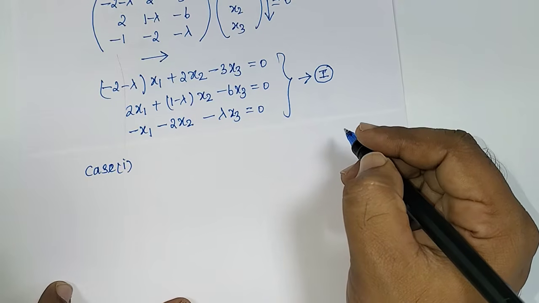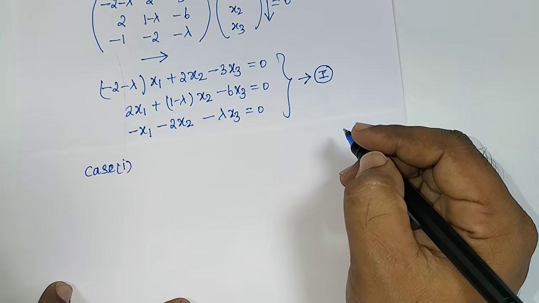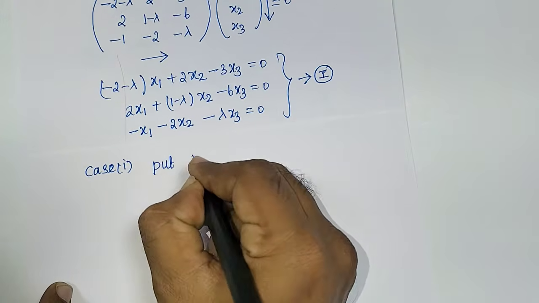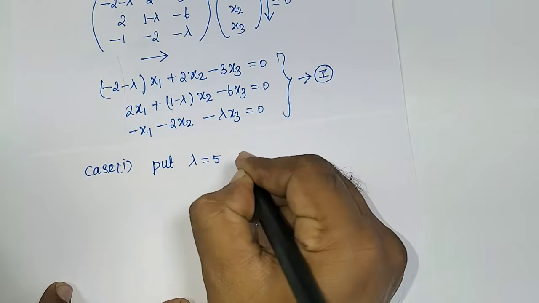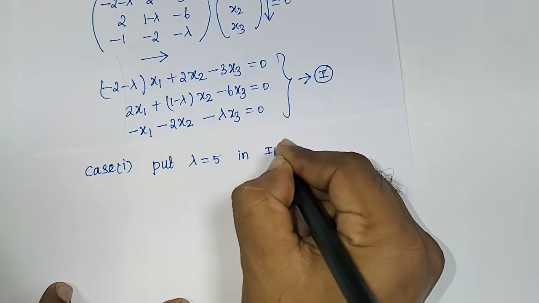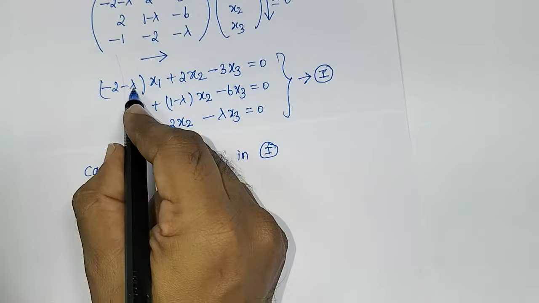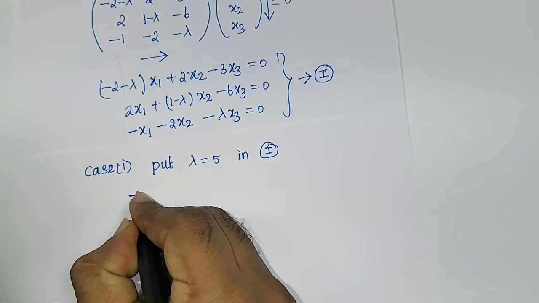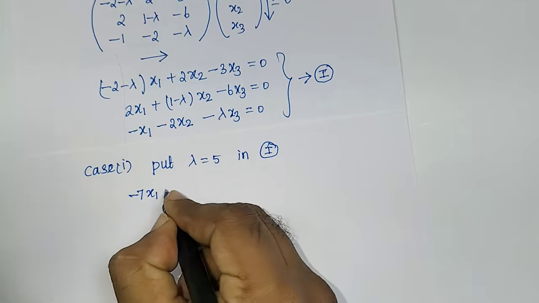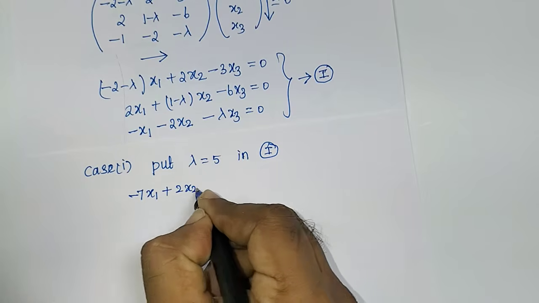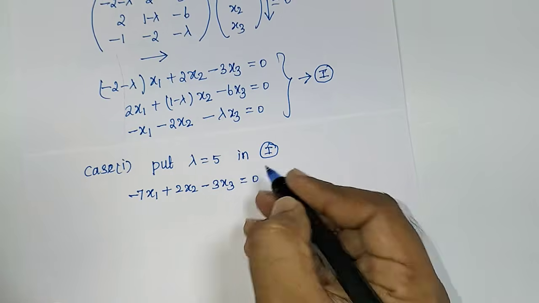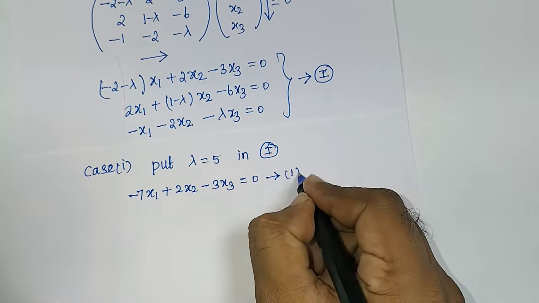So first I am going to apply the different eigenvalue, the non-repeated eigenvalue. So put lambda is equal to 5 in the general equation. I will substitute here lambda is equal to 5: minus 2 minus 5, minus 7 x1 plus 2 x2 minus 3 x3 equal to 0, which is equation number 1.